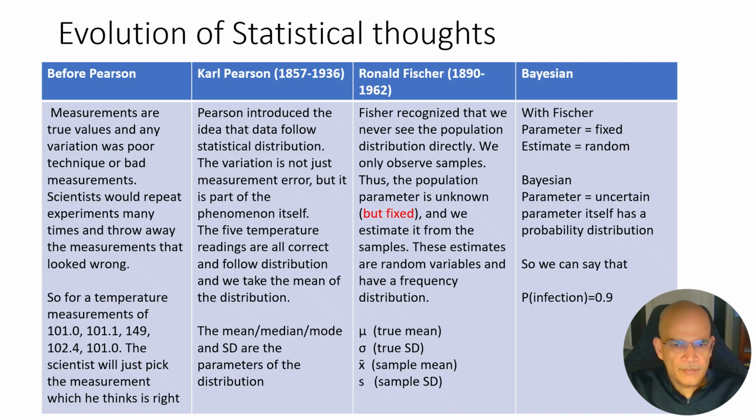We take a bunch of samples and estimate the population parameters from the samples, and these estimates themselves have frequency distributions, and that's why this field of statistics is called frequentist statistics, because it relies on the frequency distribution of the samples. And these are just mathematical representations: mu and sigma are for the population, while x bar and small s are used when we're talking about samples.